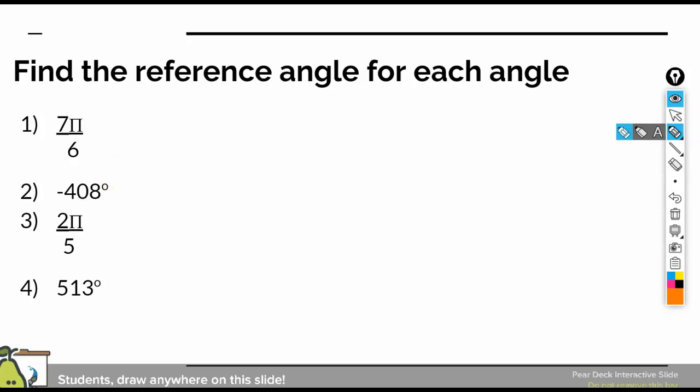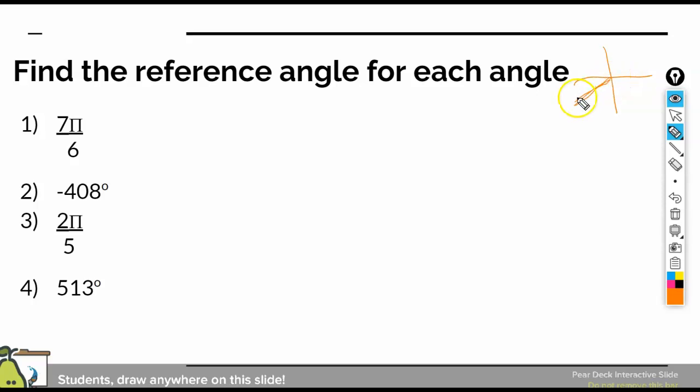So if I think about 7 pi over 6, that's just a little bit more than pi. So that's going to put it in the third quadrant. So it's somewhere over here.